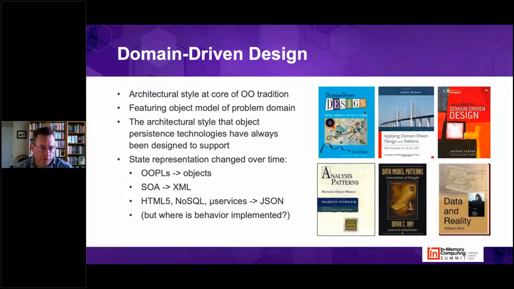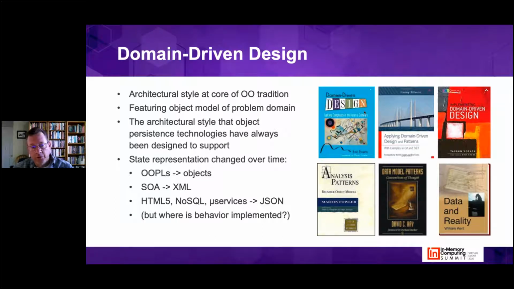The presumption is you're going to be mapping objects to a database, or you're going to be storing objects directly in an object database. Interestingly, over time, the representation of object state has changed. When I really started getting into object-oriented programming in the late 1980s in Smalltalk, of course, we had object-oriented programming languages, and they had objects, and we still do, of course.